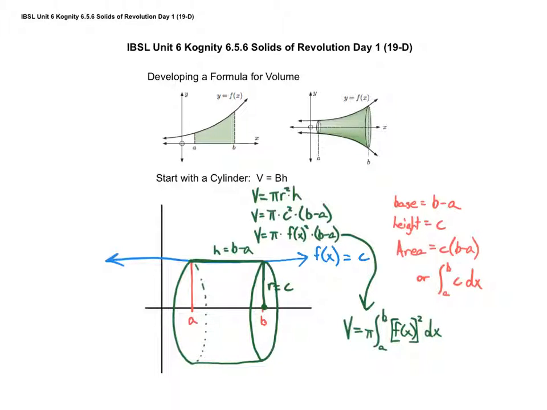So what we're doing here is this pi r squared, or pi times the function squared, gives us the area of this circle. And when we do the integral from a to b, just like we did those Riemann sums with the rectangles, you add up all the little rectangles. Here, we're adding up all these tiny little circles, or discs you could call them. And when we do the integral from a to b, it adds all of them up and makes a cylinder that goes all the way from a to b.